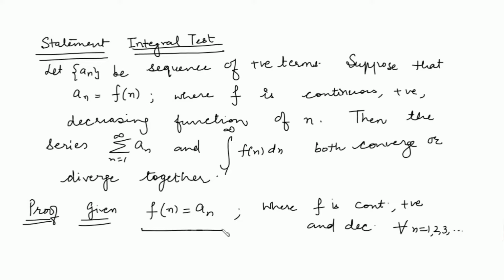So we are having a function which is continuous, positive and decreasing. Now just see what the value of the integral represents. You are given a function which is decreasing, continuous and positive. So let's suppose this is your first term, this is second term, this is third term, and so on.